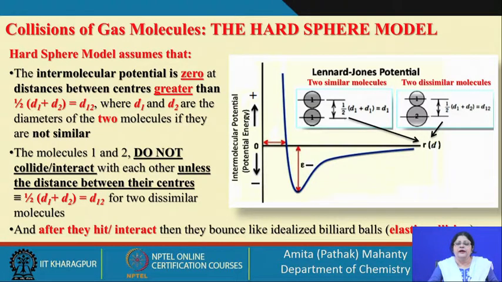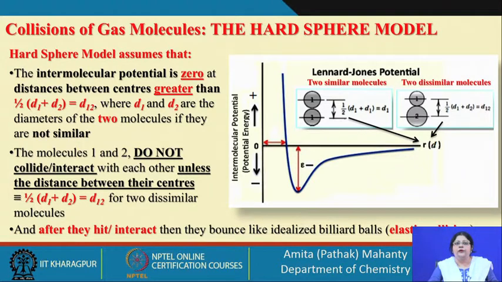So, we are clear now. What we have assumed is that the potential energy is 0 where the distance between the two nuclei of the molecules is greater than half the sum of the diameters of the two molecules, and they will collide only if the distance is equal to half the sum of the diameters of the two molecules.